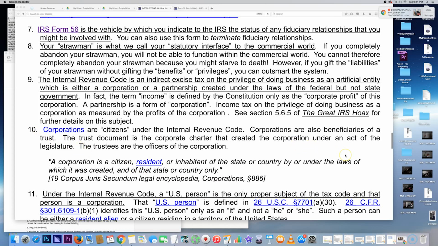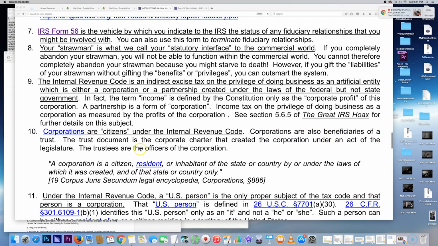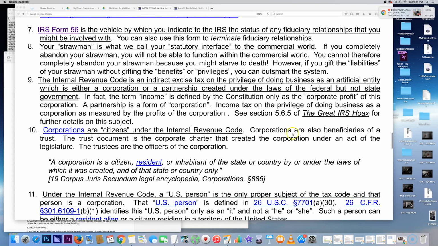Corporations. Corporations are citizens, which means that we are corporations because we call ourselves citizens of the United States under the Internal Revenue Code. The corporations are also beneficiaries of a trust. What does that tell us?